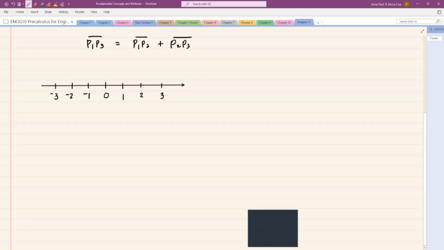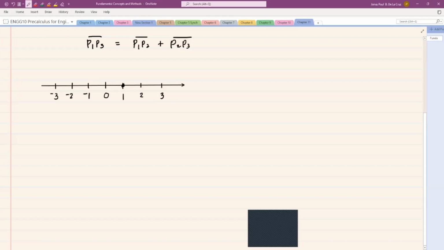For example, we can plot here all the real numbers. If you want to plot 1, of course, it is 1 unit to the right of the origin. So, here it is, this point. How do we designate this point now?